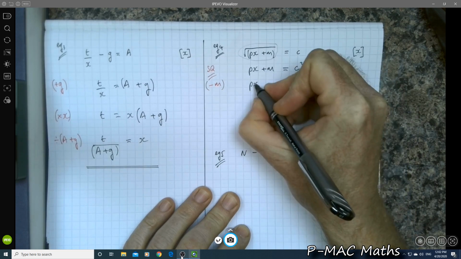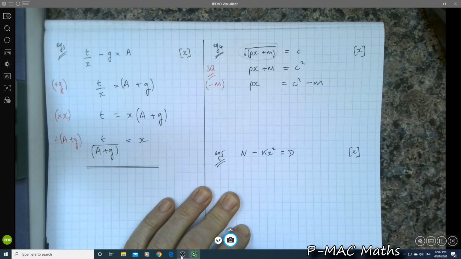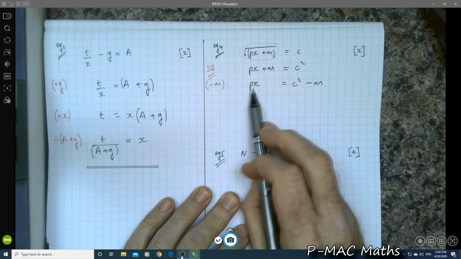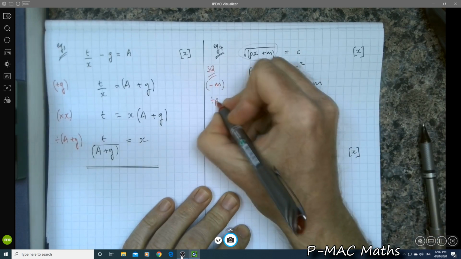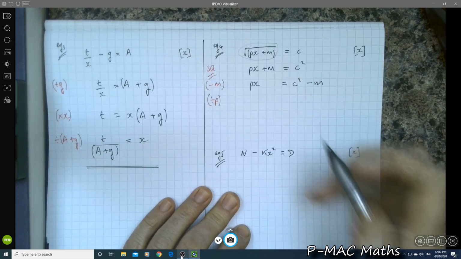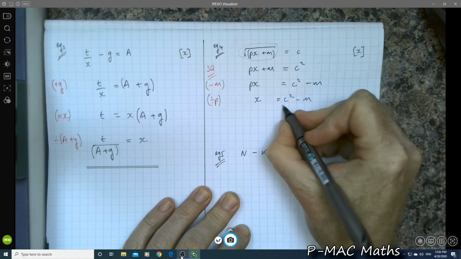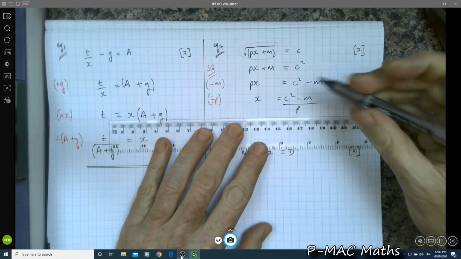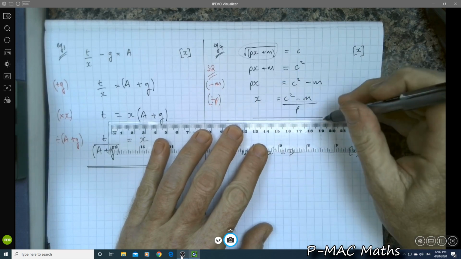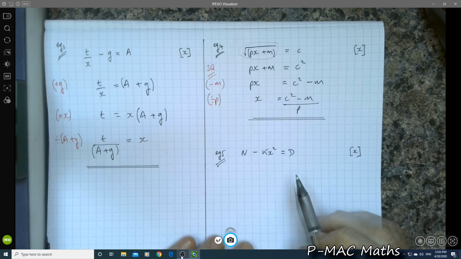Px equals c squared minus m. And then to get the x term on its own, again, deal with the coefficient. We're going to divide both sides by p. X equals c squared minus m all over p. Underline my answer. All looking good.